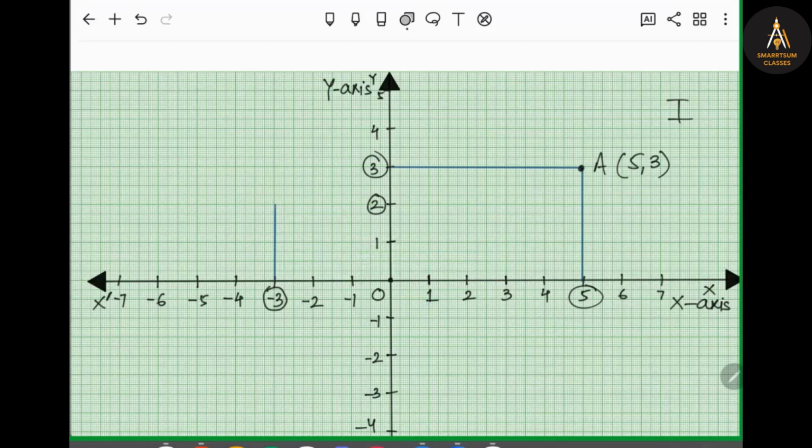Similarly, you will draw here. And you can see that these two lines are meeting at a point, right? And this point is B, whose coordinates are minus 3, 2.